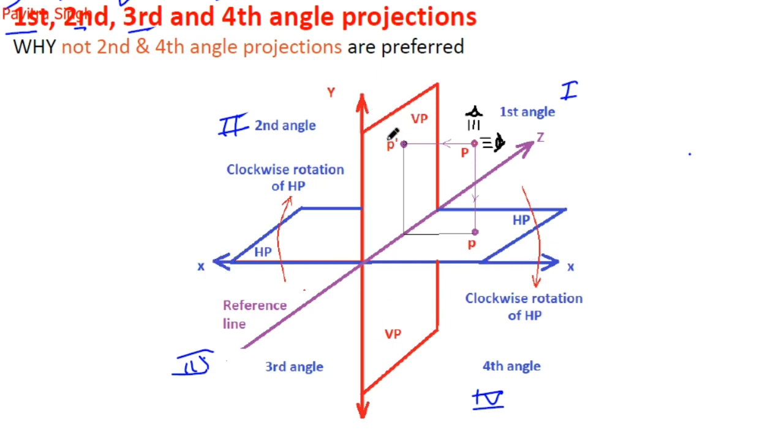Previously in the coordinate system you studied the horizontal line and vertical line, and here we have the horizontal plane and vertical plane. The horizontal plane is HP in short form and the vertical plane is VP. This line is along the Z axis. This line connects these two planes, the vertical plane and the horizontal plane, and it is called the reference line.